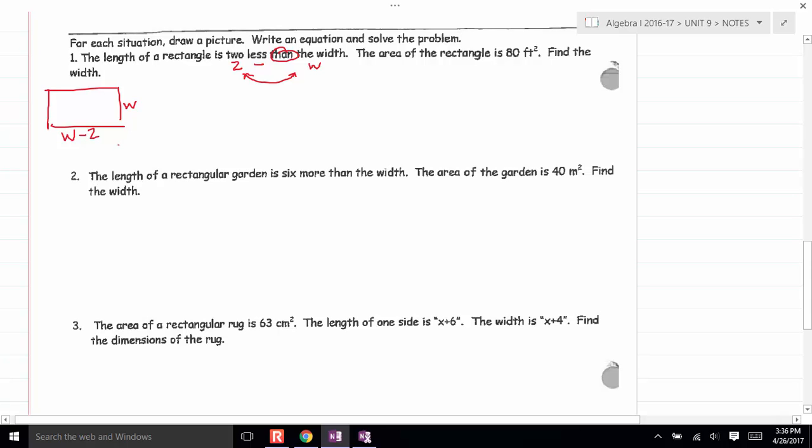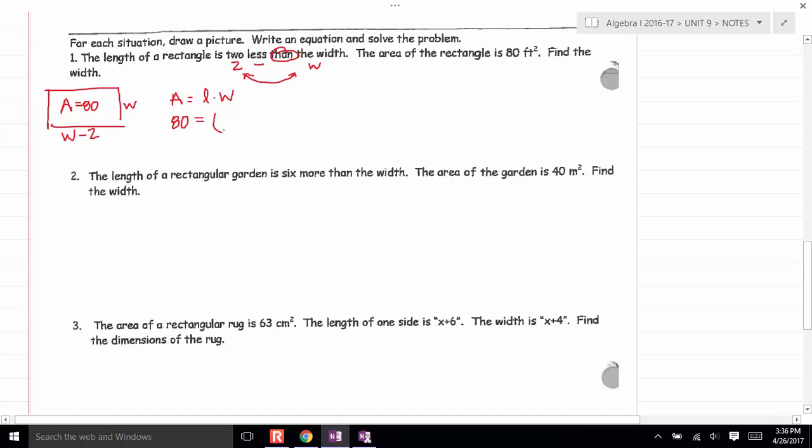And then this side, the width, would actually also have to be W, since we still don't know what the width is. And they tell us the area of this rectangle is 80 square feet. So using our area formula for a rectangle, we know it's length times width. That would give us 80 plugged in for the area.